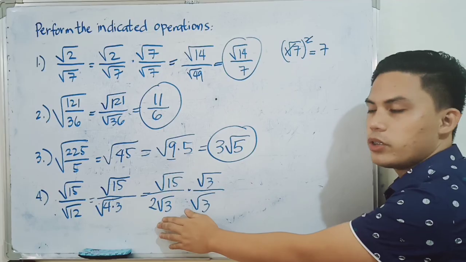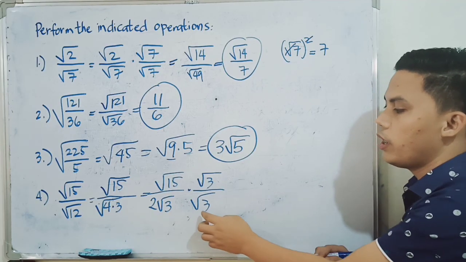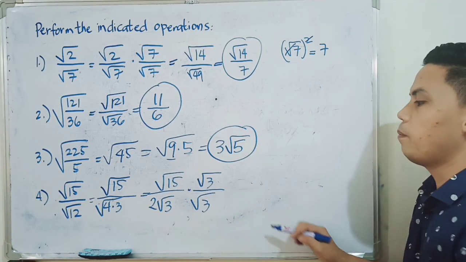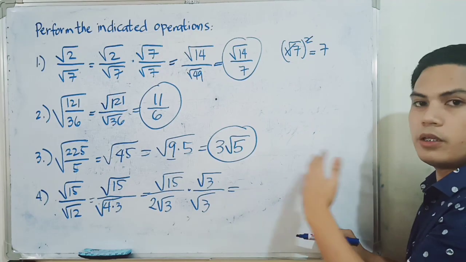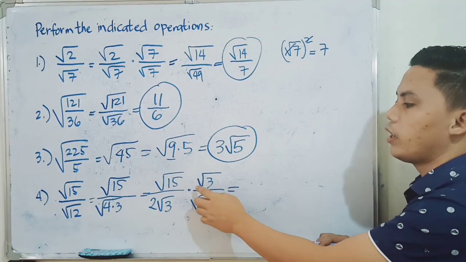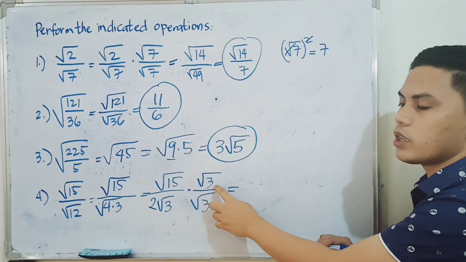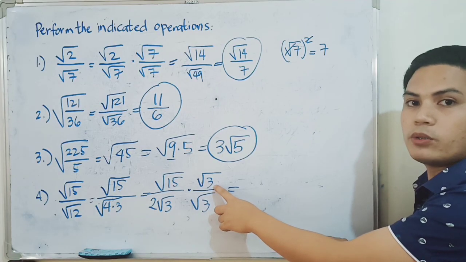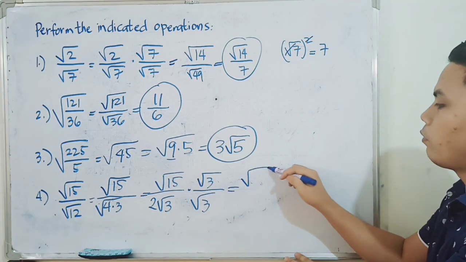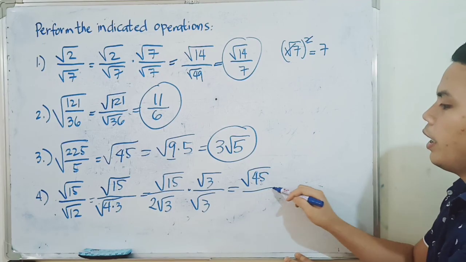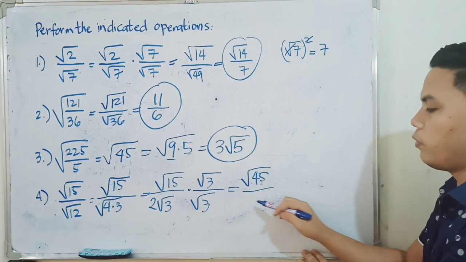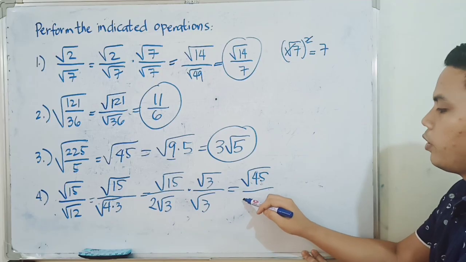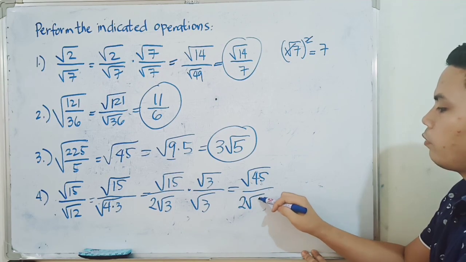And sa baba naman, sa denominator, we have 2 square root of 3 times square root of 3. So, pwede natin silang i-multiply directly kasi same sila ng indices. 15 times 3, that is equal to 45 or square root of 45. And 2 square root of 3 times square root of 3, we will have 2 square root of 9.